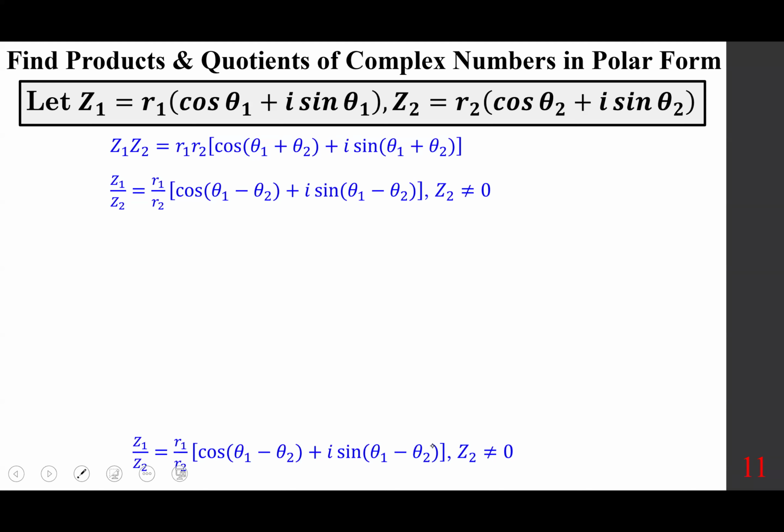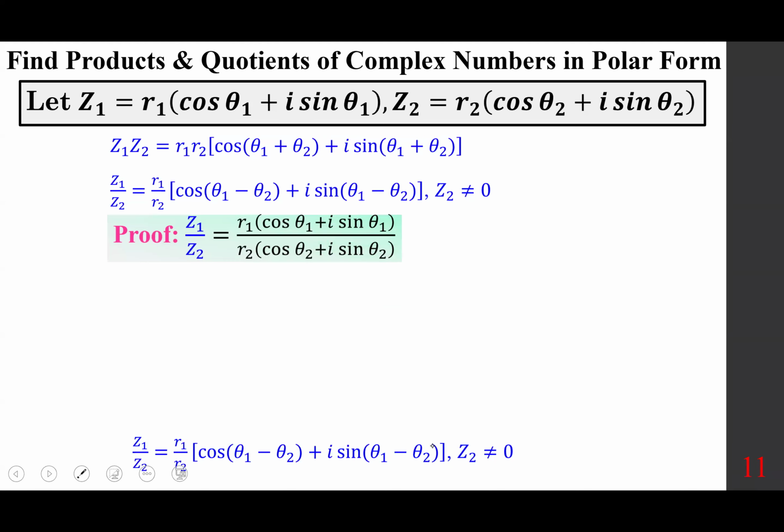So we proved that one, and we are going to prove the quotient. So Z1 over Z2 is R1 cis theta 1 over R2 cis theta 2.